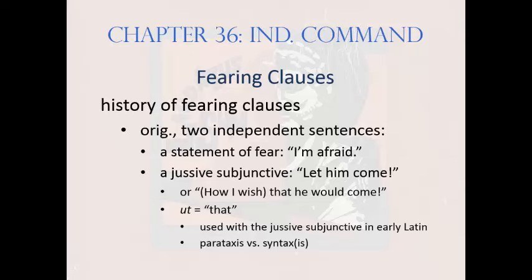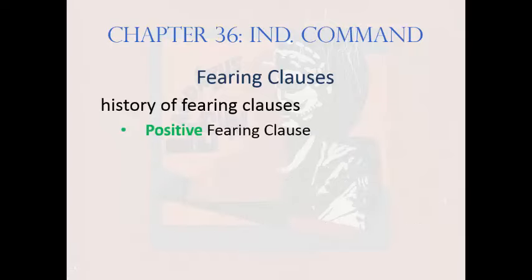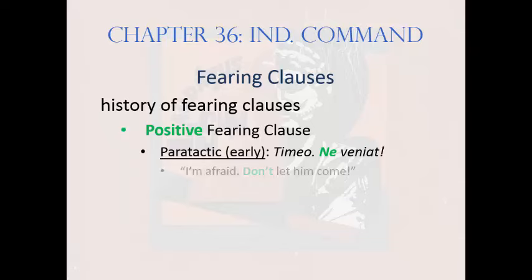As a rule, parataxis usually predates syntaxis, the simpler preceding the more complex. So originally in Latin, before syntax had fully developed, a positive fearing clause would have been paratactic. Timeo, ne veniat. Literally, I'm afraid. Don't let him come.